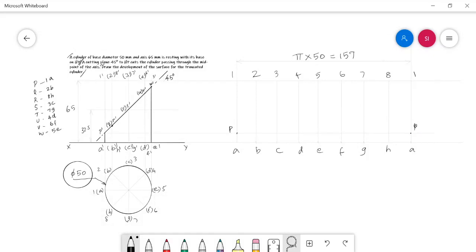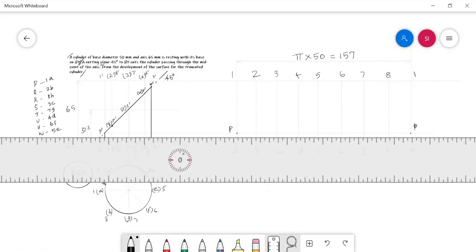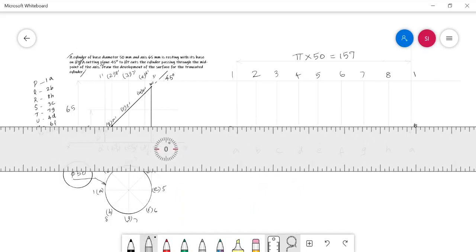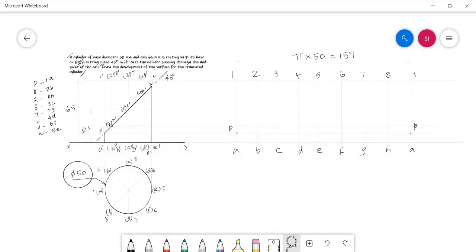In the same way, I need to project the cut points Q and R. Wherever this projector intersects 2B and 8H, I need to mark Q and R respectively.